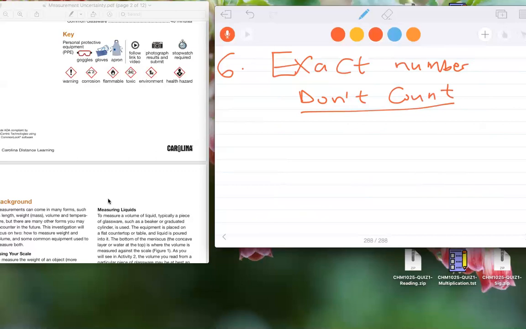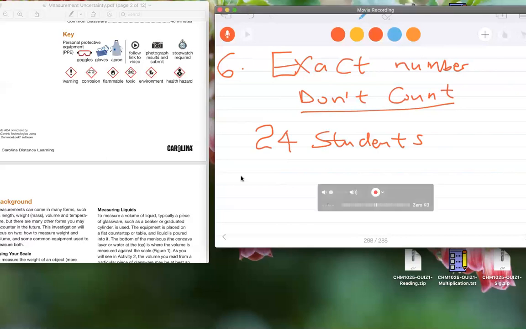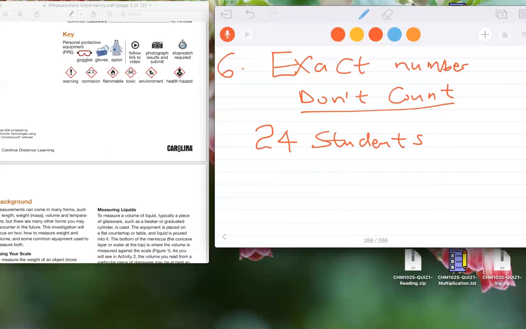For example, if I have 24 students in my class, somebody might say this has 2 significant figures. No, I had to count 1, 2, 3, 4, 5, 6, all the way to 24. So numbers obtained as a result of counting are exact, and we do not subject those numbers to significant figures.